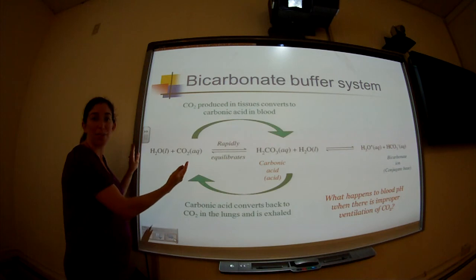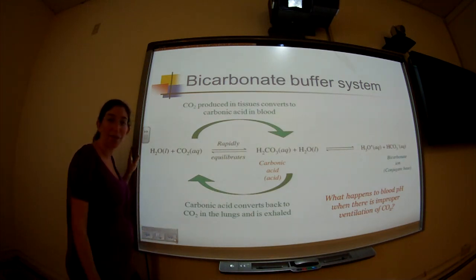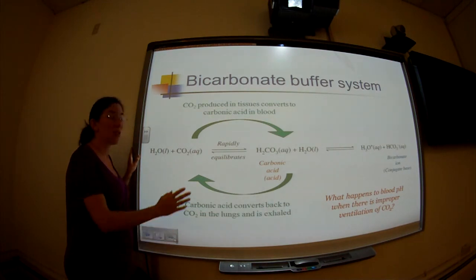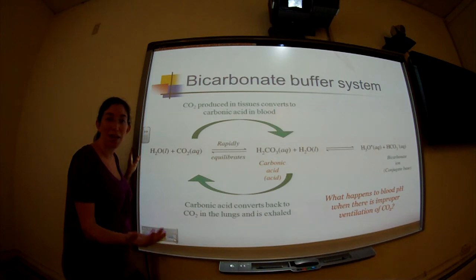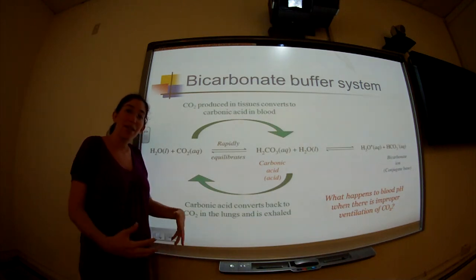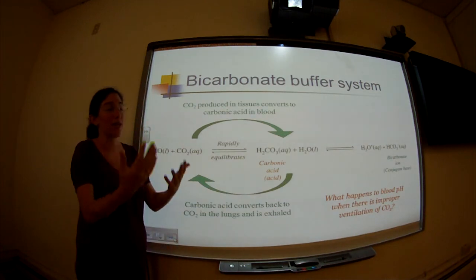That's the product of metabolism in our cells, and we'll talk about metabolism in the last chapter. Then we need to expel that carbon dioxide through the lungs. The carbon dioxide needs to get out of our tissues into the blood and then travel to the lungs to be expelled.